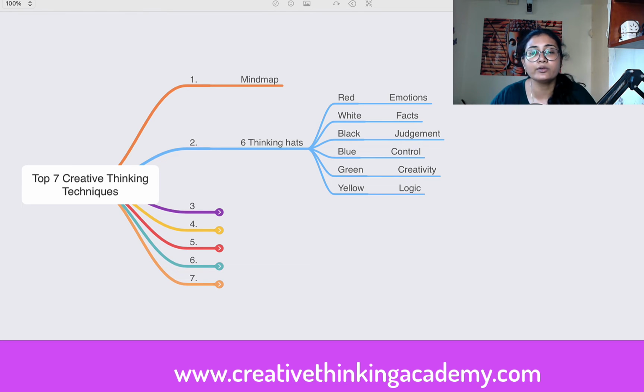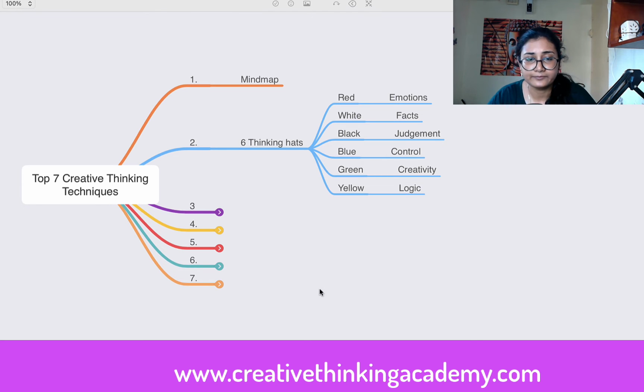When you are wearing the red hat, you have to think about emotions to solve that problem. When you are wearing the white hat, virtually, not actually, you have to think about what facts are present in front of you to solve that problem.